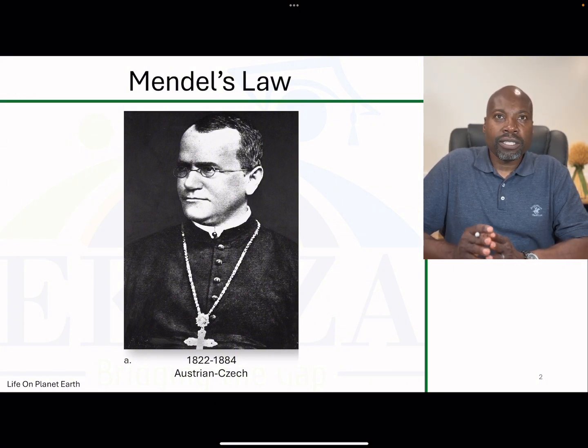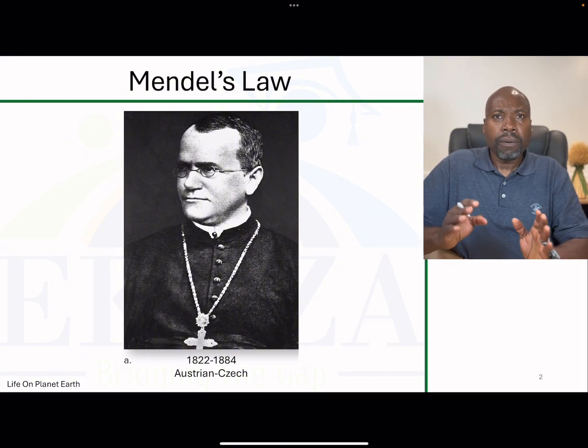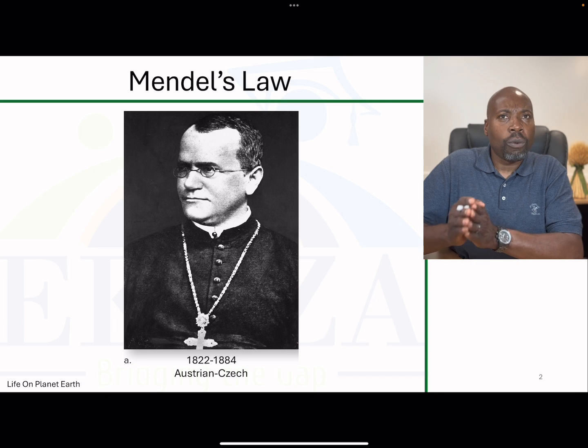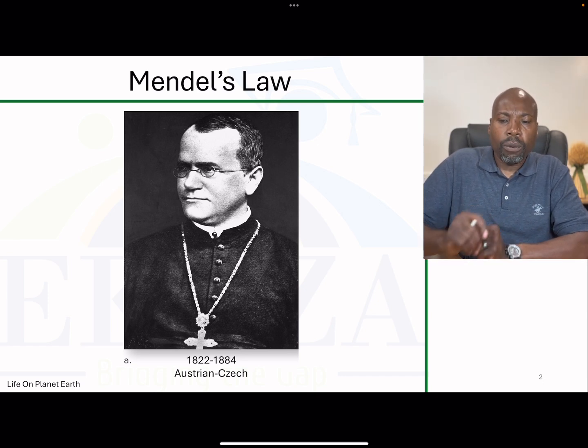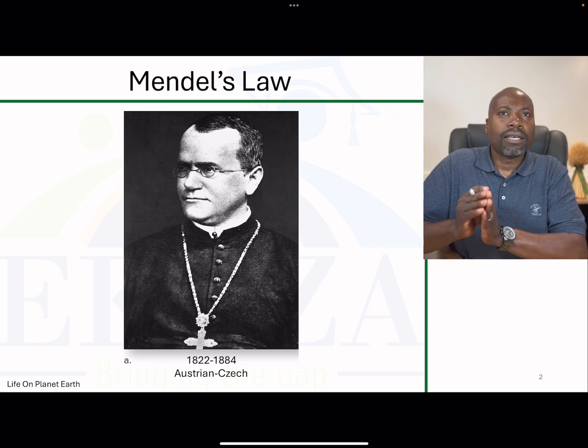Mendel did a tremendous amount of work that laid the ground for modern genetics. Now, Mendel actually was born in 1822 and died in 1884. Now, that's not the detail I want you to remember, though. What I want you to remember is the work he did and the conclusions of that work.